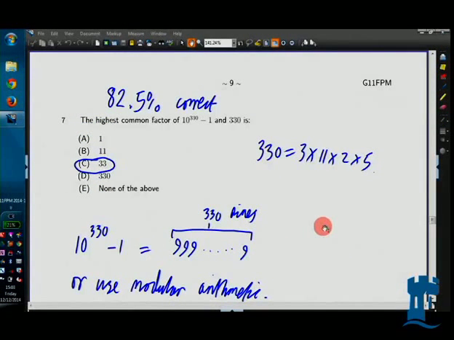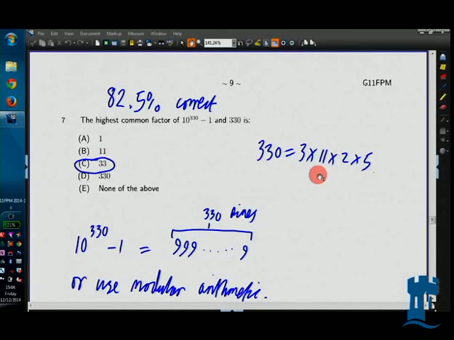Okay, so we'll finish off our discussion of the class test. We got as far as question 7 last time, and I gave you a brief description of one approach to it. I just want to say a little bit about the modular arithmetic approach. So yes, we'd factorised 330 as 3 times 11 times 2 times 5, so that's the prime factorisation.